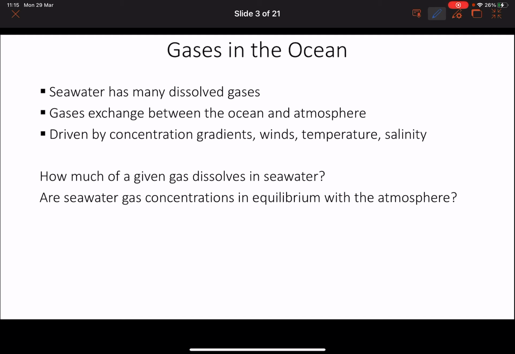So these are all the things that control how much of a given gas that's in the atmosphere dissolves in the seawater. And a key question that's frequently asked in oceanography, and we'll get into this in a bit more detail, is based on the gas concentration in seawater and the gas concentration in the atmosphere, are those gases in equilibrium? And we'll talk about why this matters.